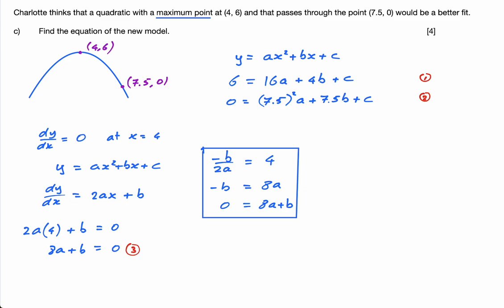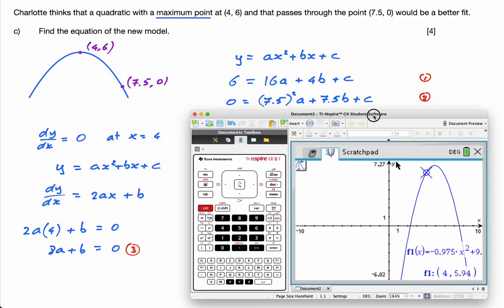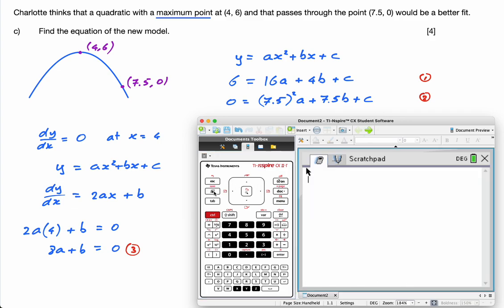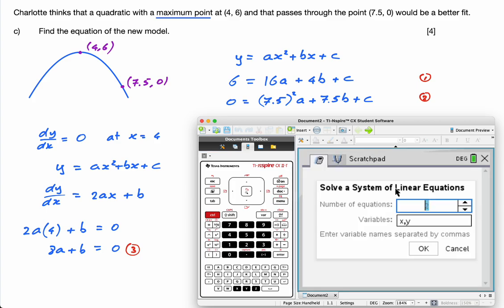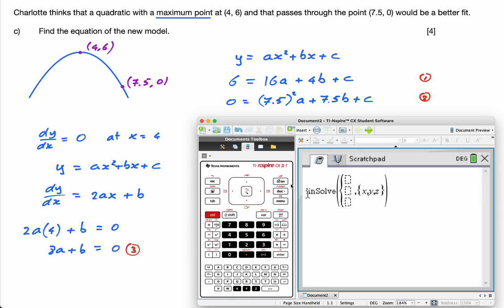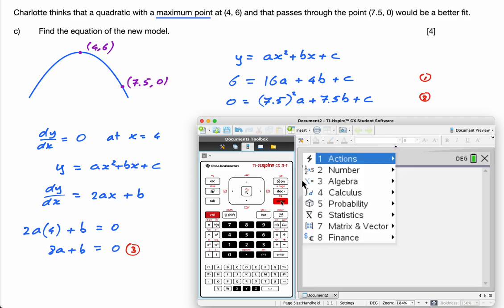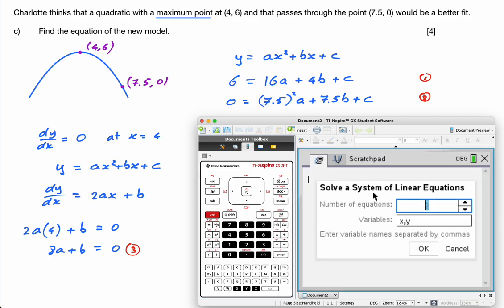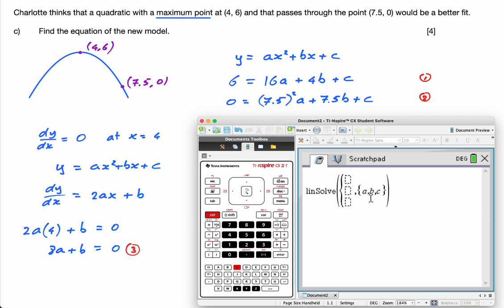So now we just need to solve these simultaneous equations. So I go to menu, algebra, solve system of linear equations. I want 3. Hang on, let me do that again. I'll use A, B, and C just so it's clear. Algebra, system of linear equations, 3, and then here I'm going to do A, B, and C. And then I can just write them in exactly how I see them.